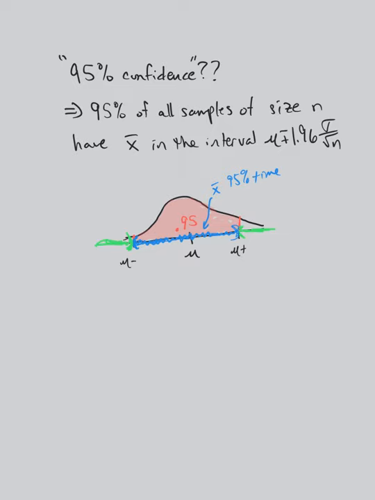But we could have just got a weird sample, and then in those cases we can't be guaranteed that whenever we construct that interval with x bar plus or minus 1.96 sigma over square root of n, we're only 95% sure that that interval actually contains the mean. But there is a 5% chance that we actually didn't capture mu with our interval.